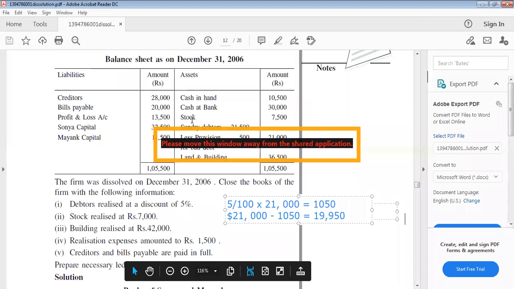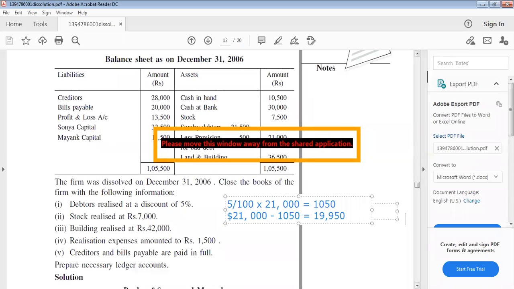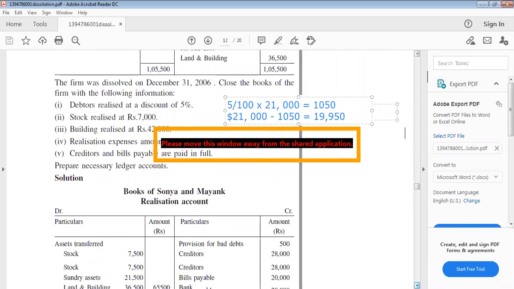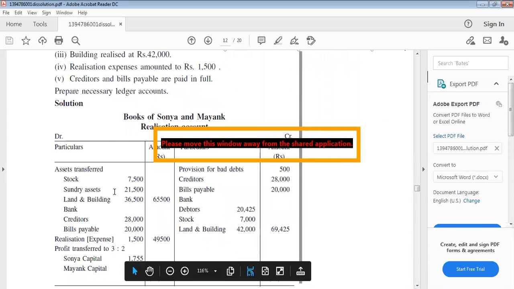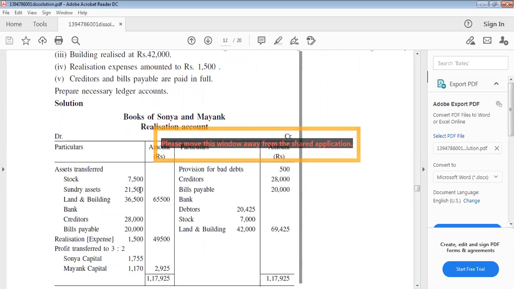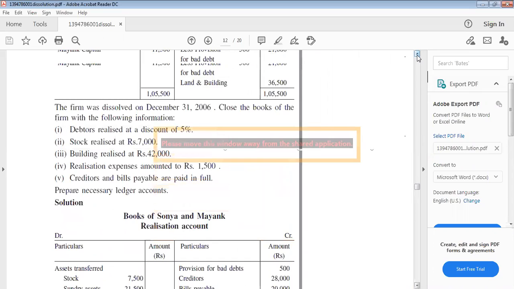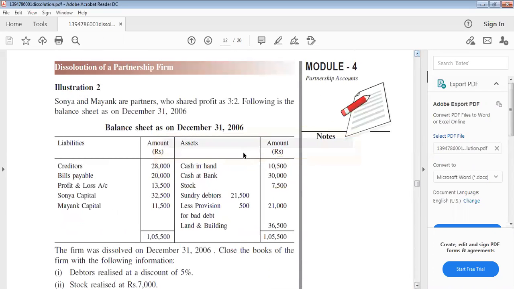Those are the three, right? And you transfer them at their book value, good? 7,500, 21,500, and 36,500.